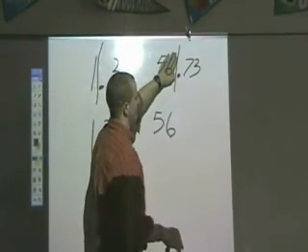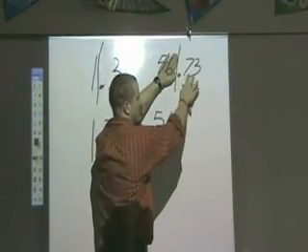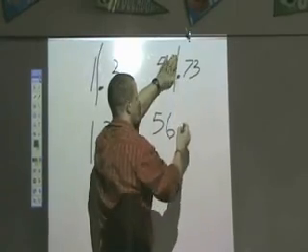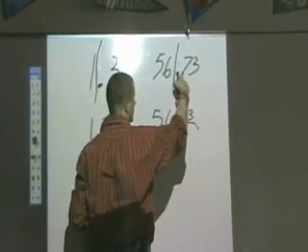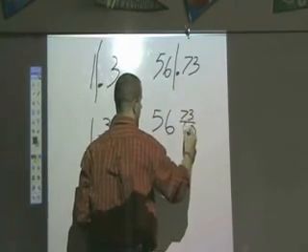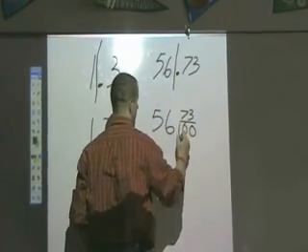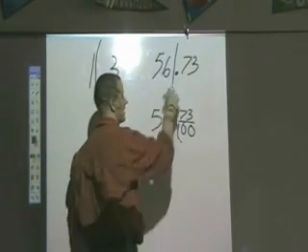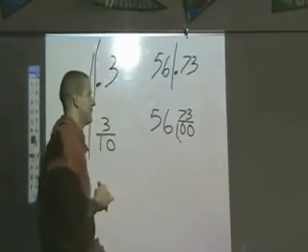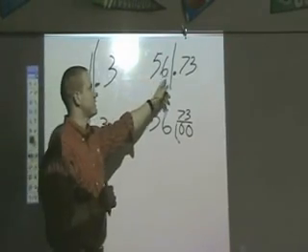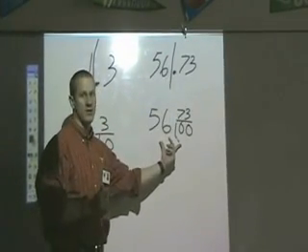Now take a look at your decimal. 0.73 or 73 hundredths. The decimal represents the 1. Or you could say it 73 hundredths, 73 over 100. So that's how you make 56 and 73 hundredths into a fraction.